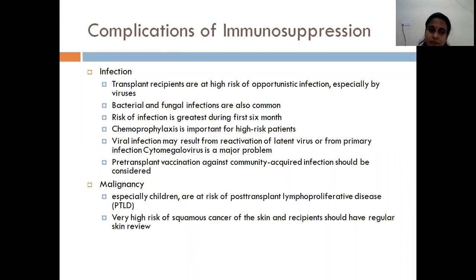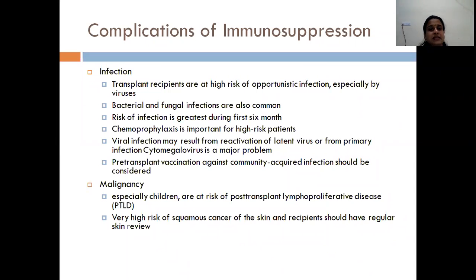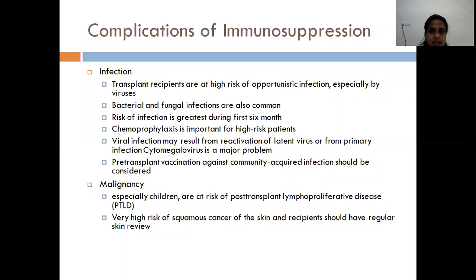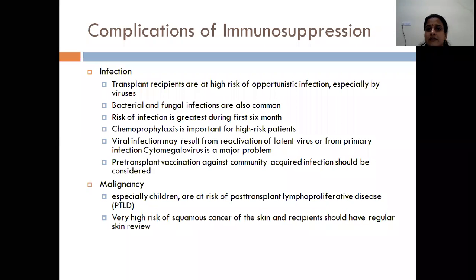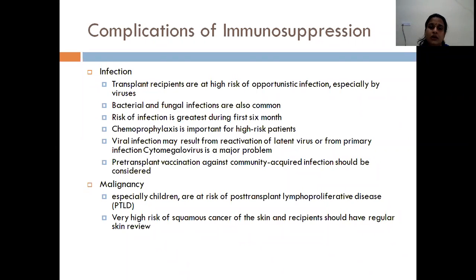Obviously, when there is decreased immunity of the host, there is a high risk of opportunistic infection, especially viral and fungal infections. Viral infections are manifested as either pneumonia or gastrointestinal symptoms.